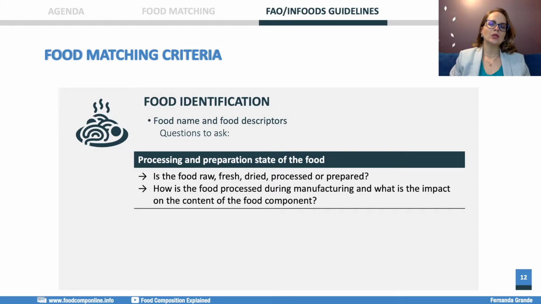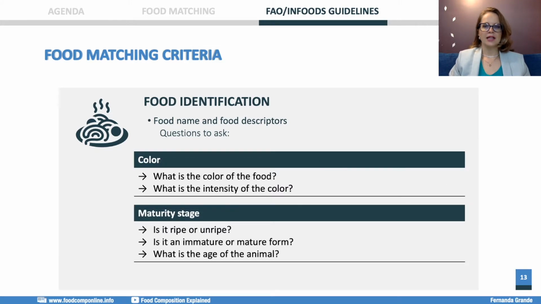And if we are looking at manufactured foods, we need to consider what is the impact on the nutrient composition, such as added ingredients during the processing and also the preservation means. The next aspects are color and maturity stage, and they may be related or not, since in some cases the color may indicate the maturity level of a certain food.